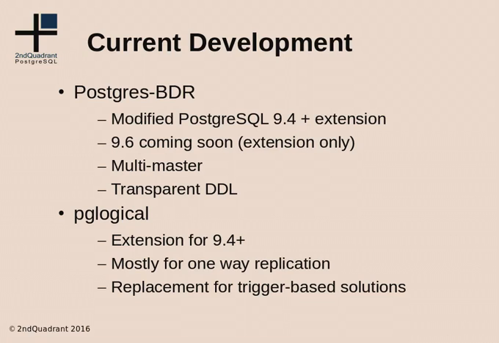That can be done, but that's not the main reason why it exists. And the main goal for this was to replace trigger-based solutions like Londiste and Slony, and also to serve as a base or code base for what will be in Postgresql core as a replication solution.